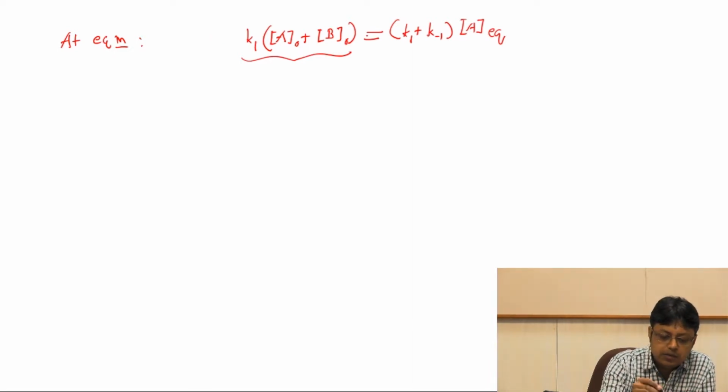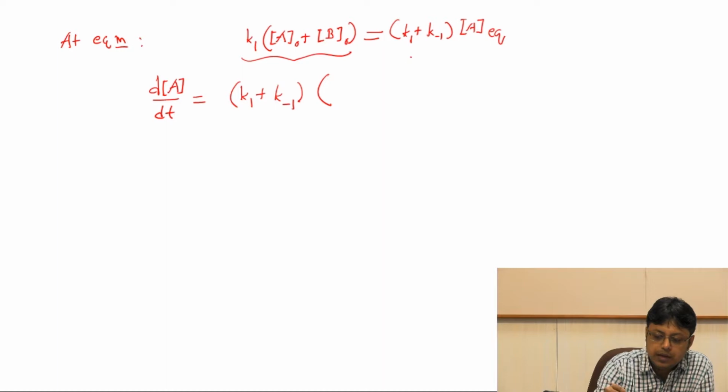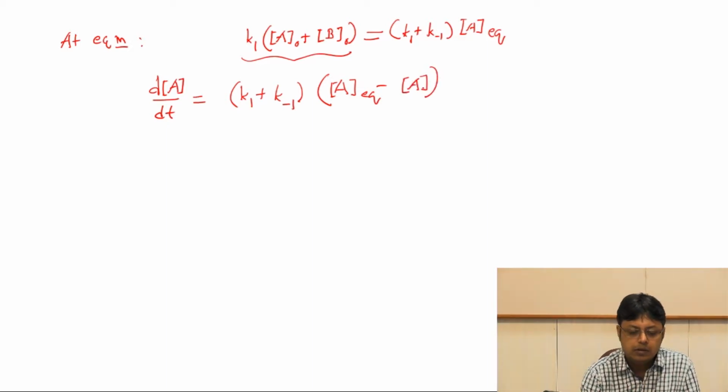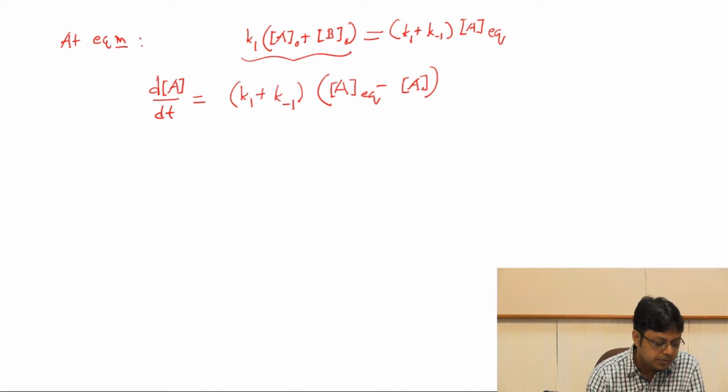So we can just rewrite the equation for dA/dt. The first term was this constant term, but instead of that constant term I will write K1 plus K minus 1 into A equilibrium. And the second term, remember, was K1 plus K minus 1 into A. So together we can write it as K1 plus K minus 1 into A equilibrium minus A. So that's a much simpler version of this rate.